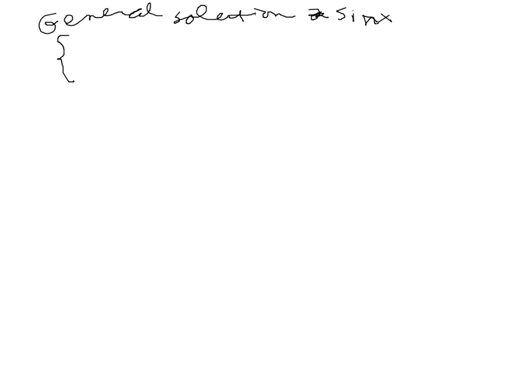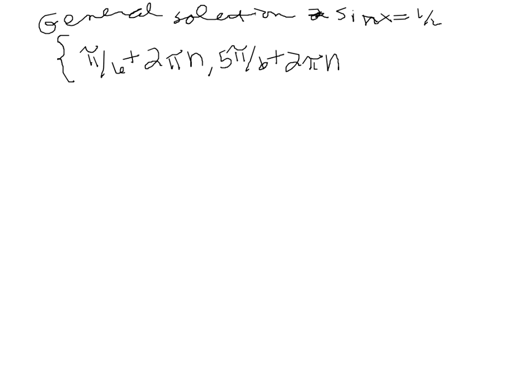So my general solution to sine x equals 1/2 is pi over 6 plus 2 pi n and 5 pi over 6 plus 2 pi n, and n is an integer.